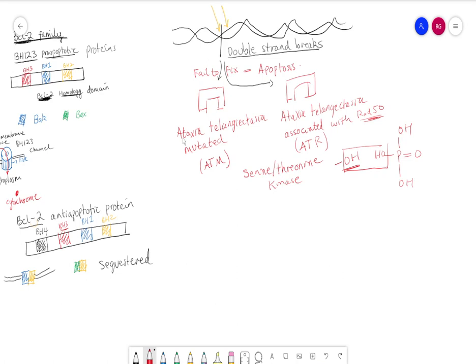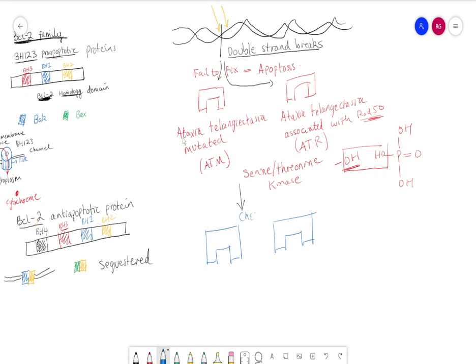And in the intrinsic apoptosis pathway, to trigger the intrinsic apoptosis pathway, ATM and ATR are going to phosphorylate another two serine threonine kinases. Should probably change colors now to show that it's the next stage. And these two serine threonine kinases are going to, well, again have the same role. They're going to be checkpoint kinases.